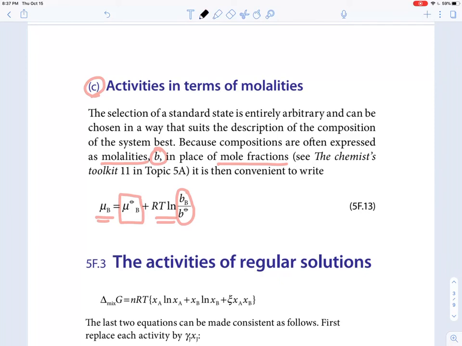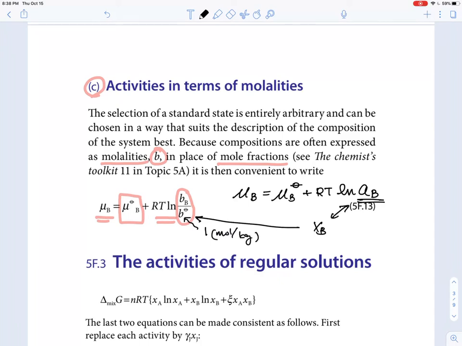So all of a sudden the concept about activity, the chemical potential of a standard state, and in the mixed state we are talking about the solute activities, and this activity is related to not only the XB, but we can also choose to use the molarity divided by the standard state, and that is just 1 mole per kilogram, which is a dimensionless quantity here.